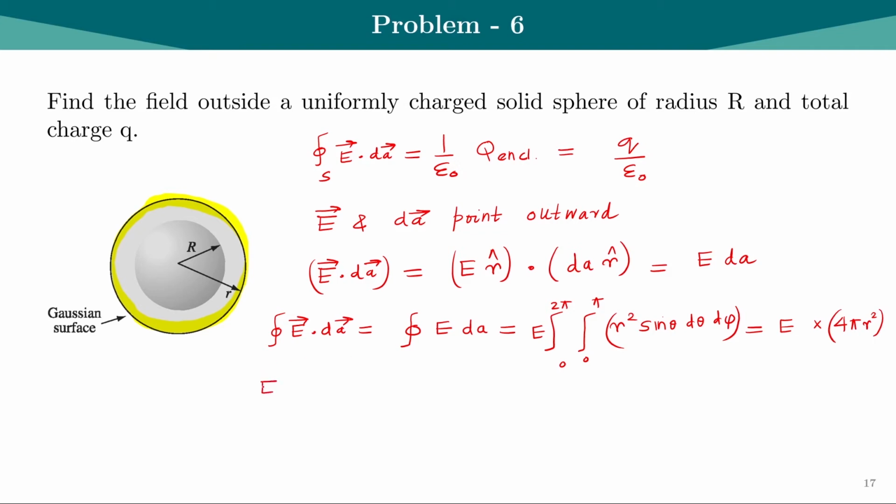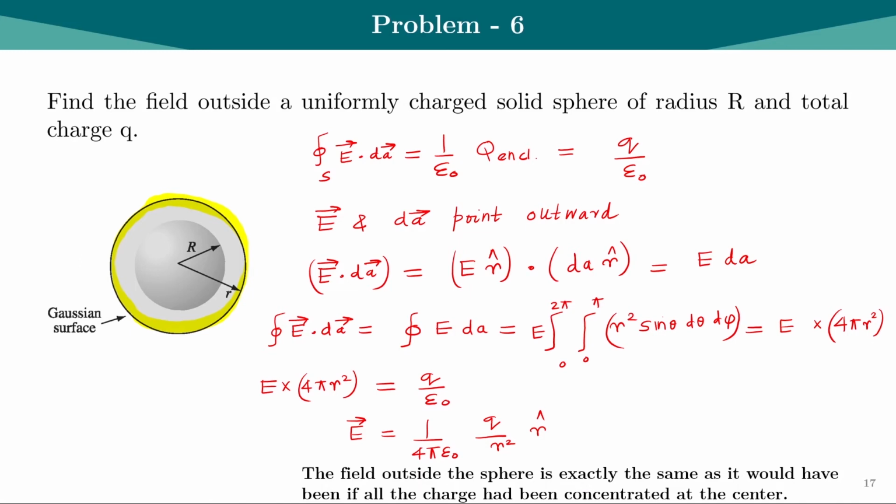That is, E times 4 pi r squared is equal to Q over epsilon 0. From this, we get the electric field as 1 over 4 pi epsilon 0 Q over r squared times r hat.